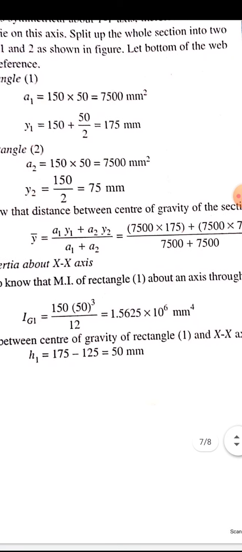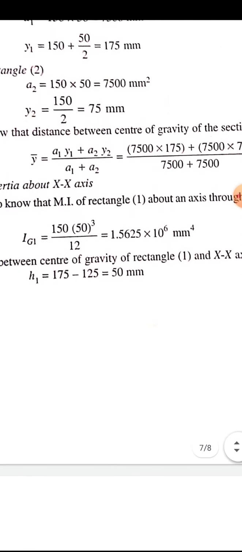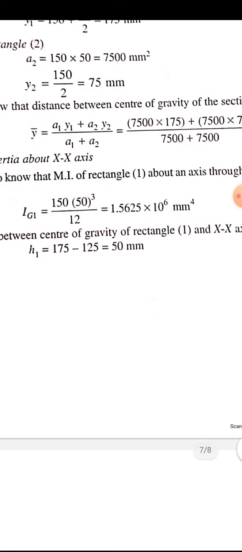y1 equal to 175 mm, that is 150 plus 50 by 2, 175 mm. So h1 equal to y1 minus y bar.